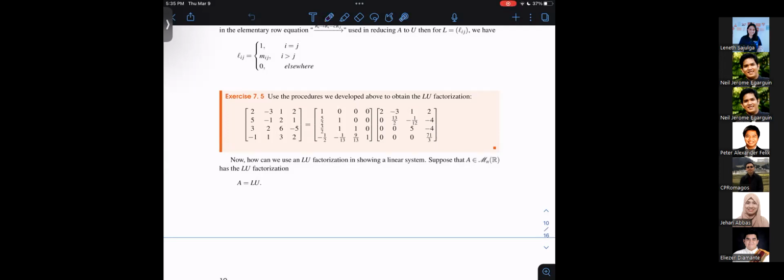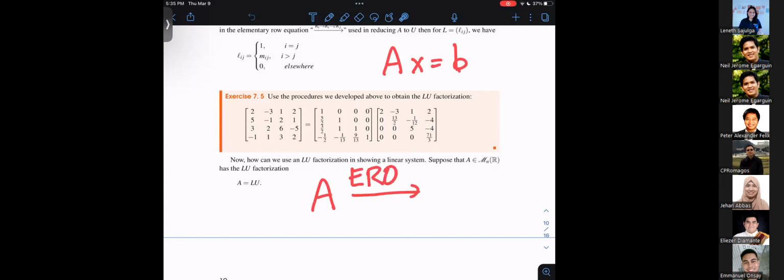So again, if you have the matrix equation AX equals B, you perform elementary row operations and you transform A into an upper triangular matrix. Then the solution that you get from the system involving the matrix A will still be the same as the solution that you will get by solving the matrix equation involving the matrix U. But in this case, U is an upper triangular matrix.